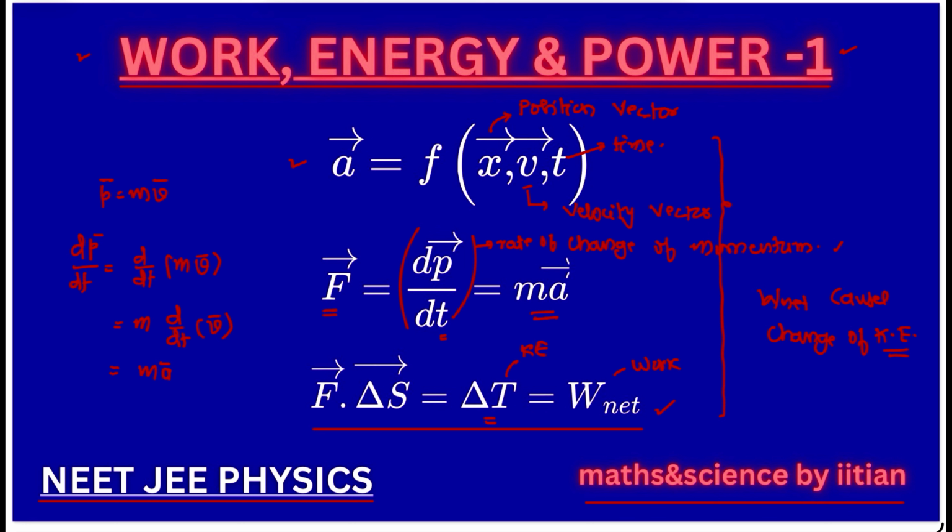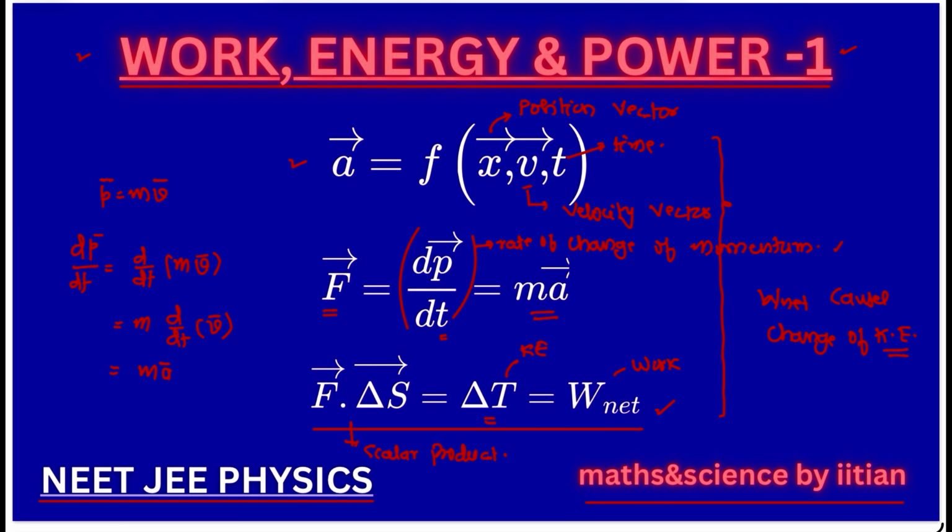That means F.dS, this is the dot product, the scalar product. Displacement is a vector, force is a vector, the dot product F dot delta S is equal to Wnet. That is work done.